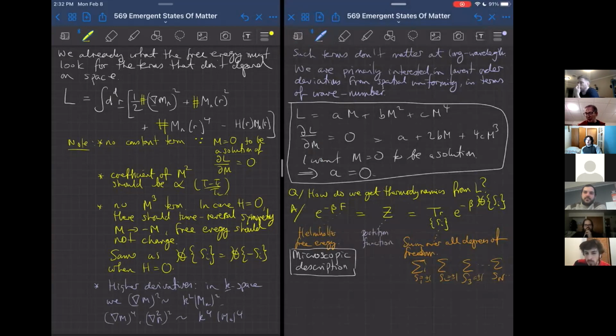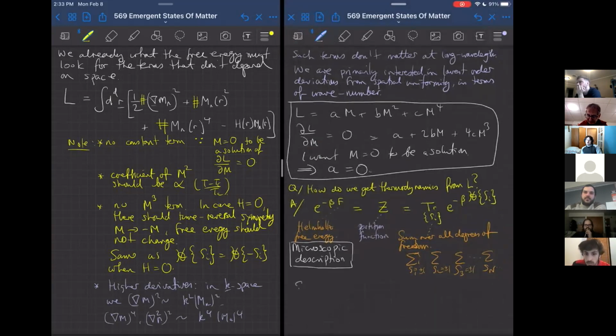And what we do is we take the trace over all degrees of freedom of this thing over here. So now we've said that in going from the description in terms of S_i to the description in terms of, I'm going to call this variable r, the local magnetization that is coarse-grained.